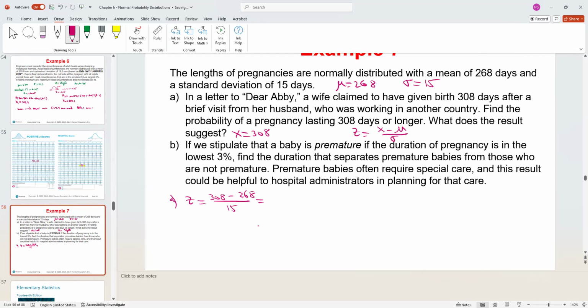Z is 2.67. Now, for the probability, remember, are we on the left or on the right? Because they said 308 or longer. That means it's greater than 2.67. Because it's greater than, that means we need to subtract from 1.